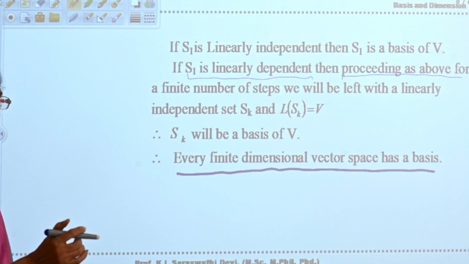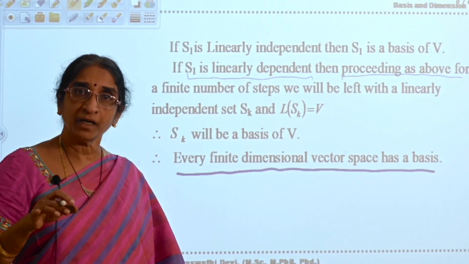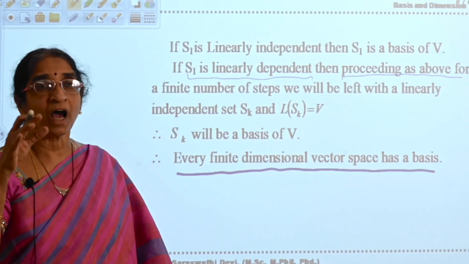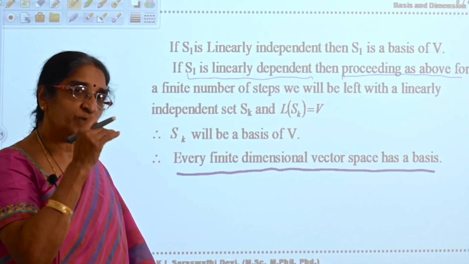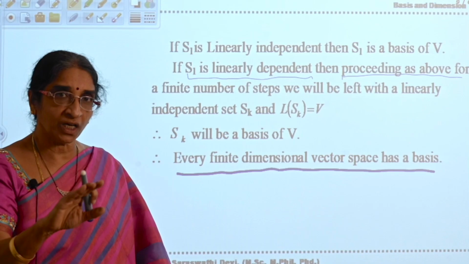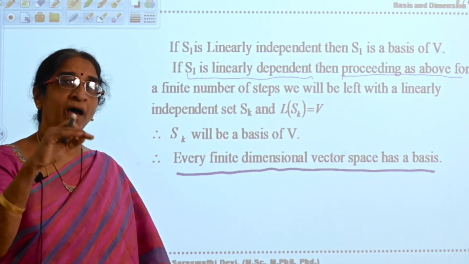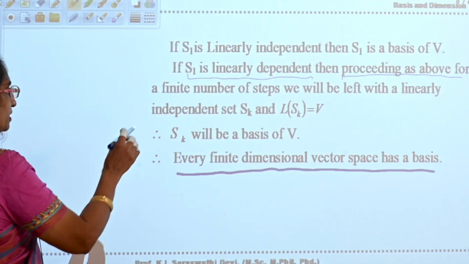When will you say that a vector space is finite dimensional? If it has a finite subset such that the linear span of that finite subset is equal to V. Now, I think it is clear.